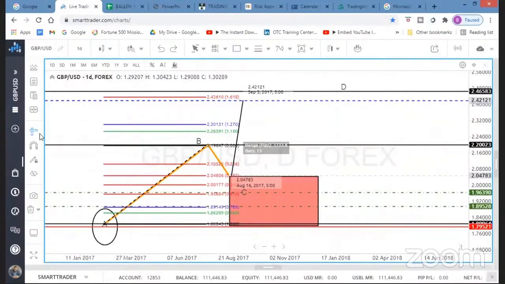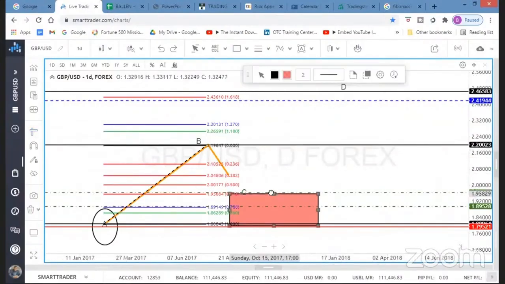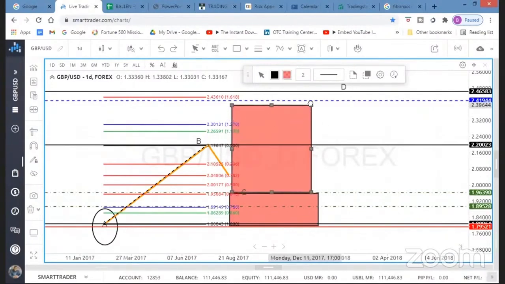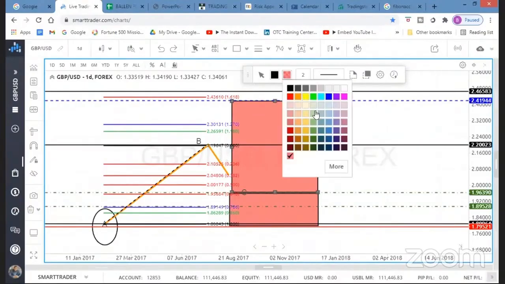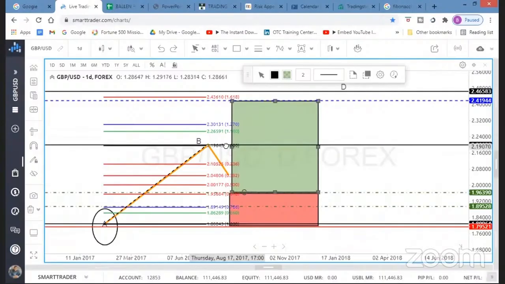Okay, but if I wait for that trade to get deeper, look at my risk versus my reward. It increases, right? My reward increases. Look at that. Everybody see that? If I wait for the deeper retracement level, my reward is a lot higher.